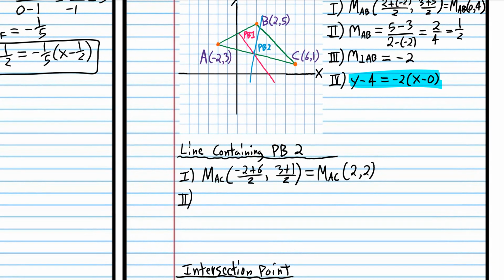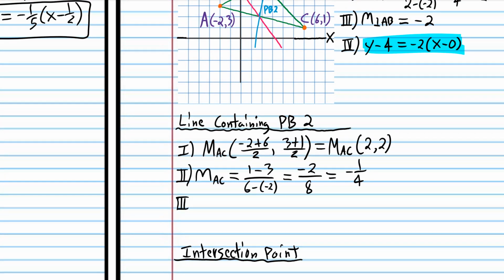And now we're going to find the slope of AC, because that's going to help us find the slope we're looking for. Using C as the second point, we have 1 minus 3 and 6 minus -2. So we have -2 over 8, which is -1/4.